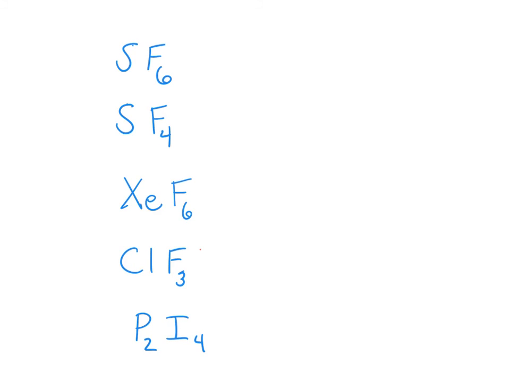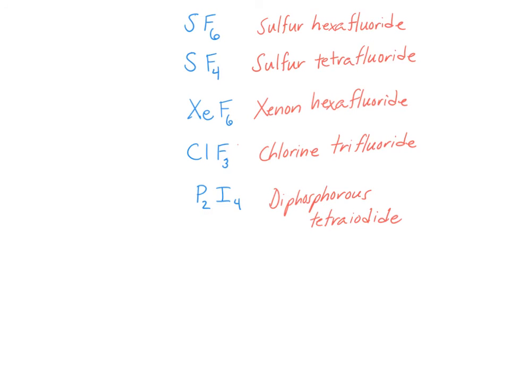All right, why don't you take a moment and see if you can name these 5 compounds. Pause the video and see if you can try this in your notebook, and then I'll show you the answers. All right, so here are the answers. I'm just going to name it as I see it.